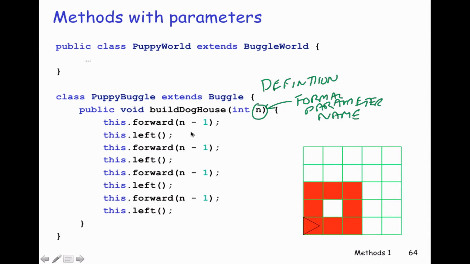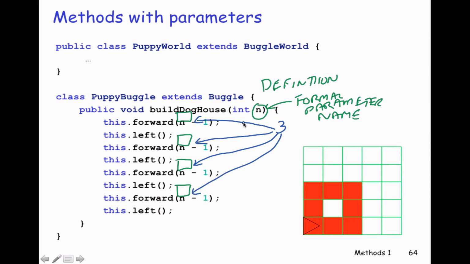And we can think that everywhere we use that name in the body, it refers to a hole that we are filling. So for instance, in the case where we provide, say, the number 3 as an argument, that 3 will get put into each of the spots where we use the name n. That's the idea. So n is the name of a hole.